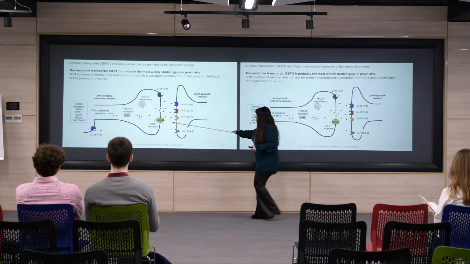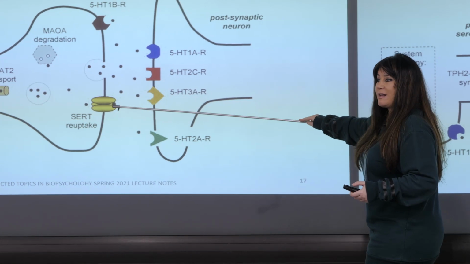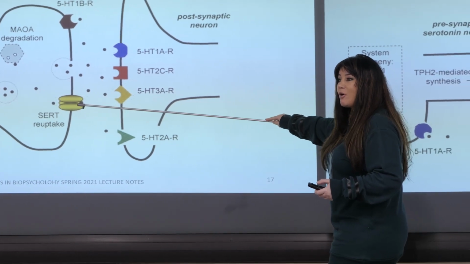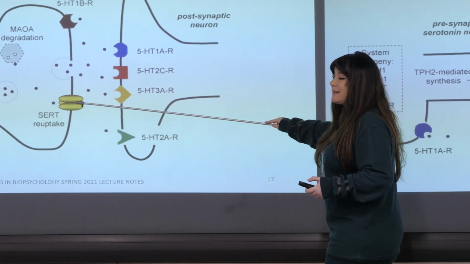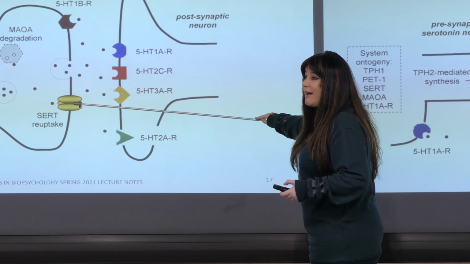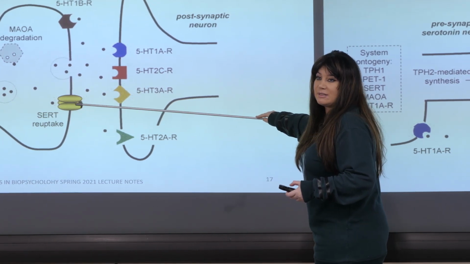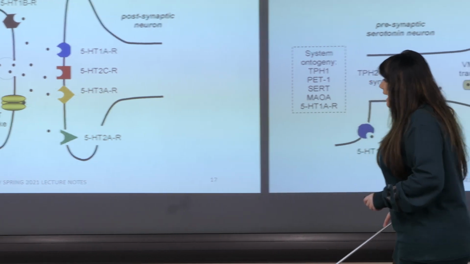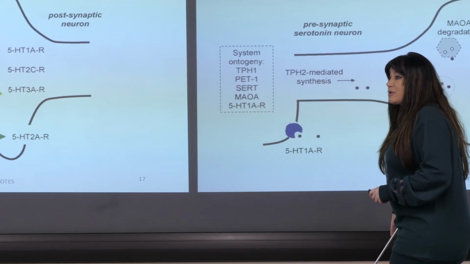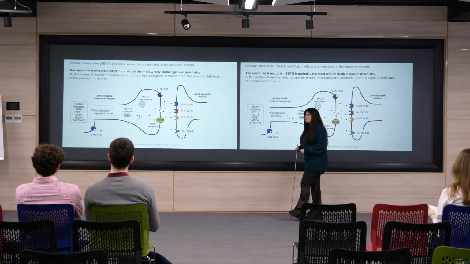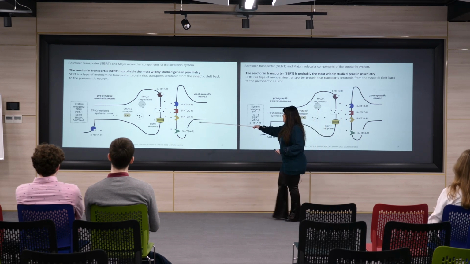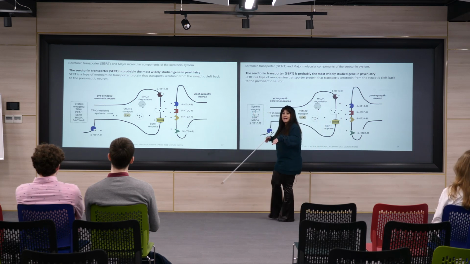That means that there will be more serotonin transporter protein if you have a long version of the gene, or less serotonin transporter protein if you have the shorter version of the gene. Okay, and then of course people were curious what would be the outcome of this kind of variation in the behavior.